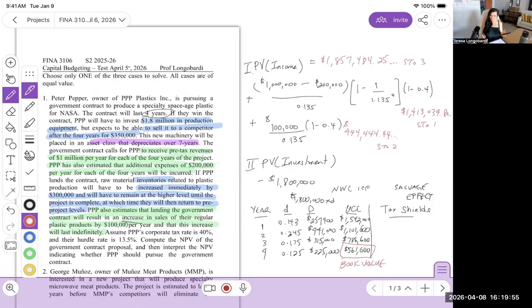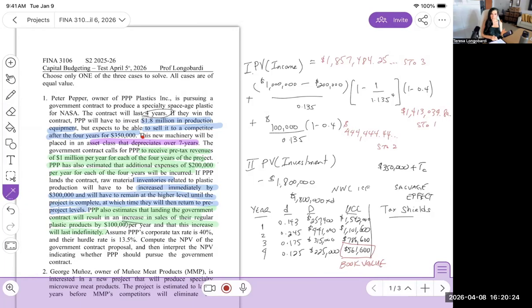All right, so now that we have that, let's go right ahead and do the salvage effect while it's fresh in our minds. So we're going to indicate here the salvage was 350,000, but that happens to be much less than the book value.